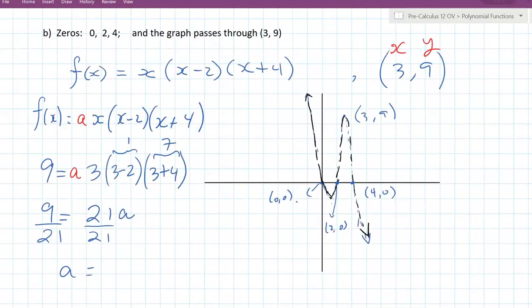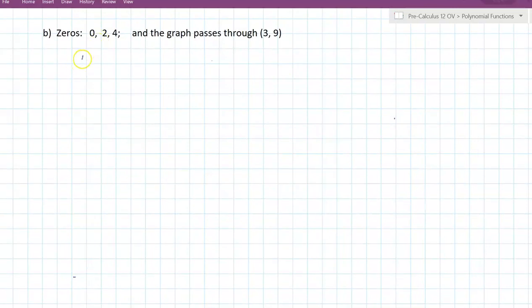So let's look at the next question. Same idea, so let's go through it again. This time let's start with the equation. The equation f of x equals a, because we don't know the leading coefficient in this case, but we know everything else. This 0 here represents just x, with nothing added or subtracted.